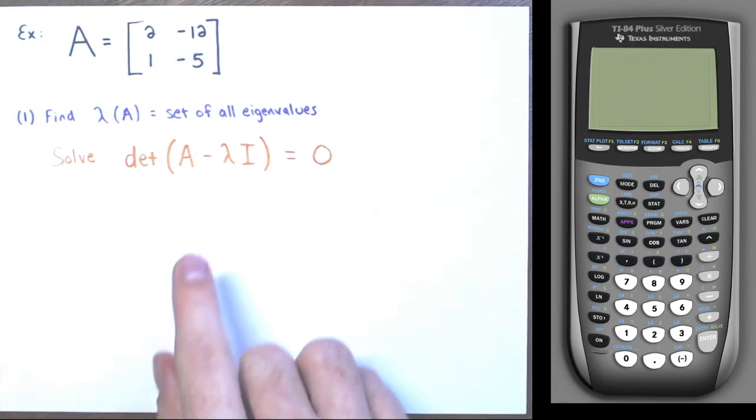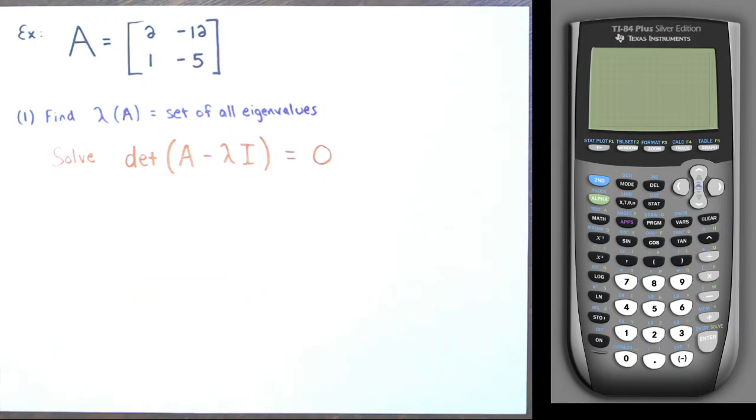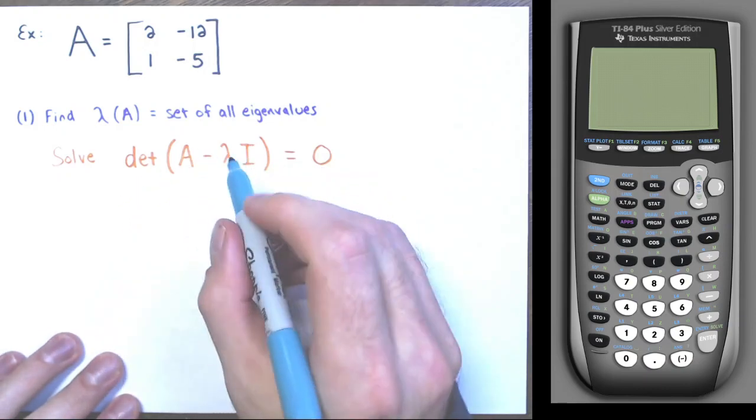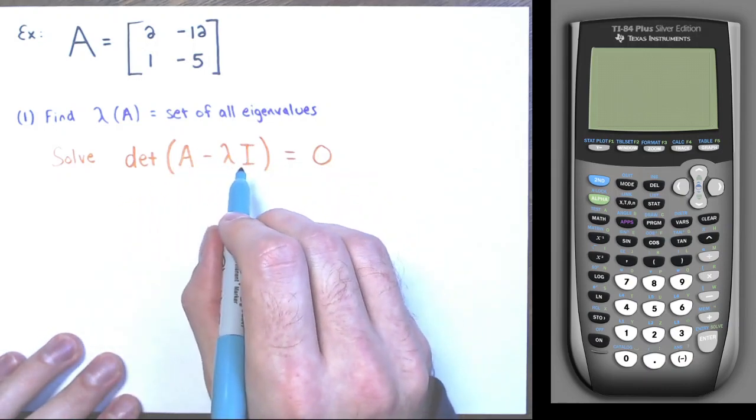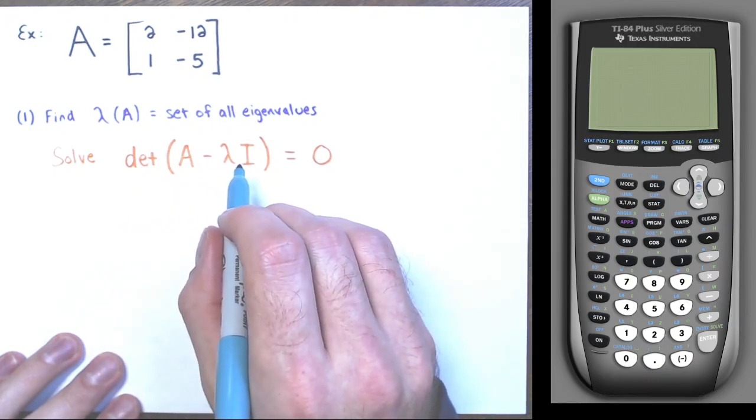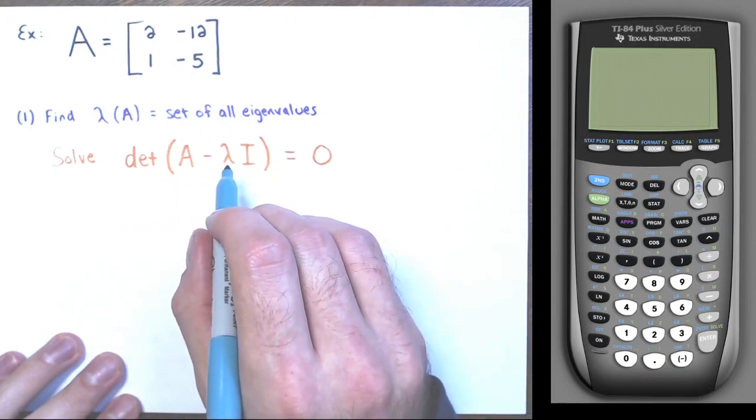I'll start with the left side here. We're finding a determinant. This left side is called the characteristic polynomial. You're going to end up with a polynomial over here that is dependent on lambda, a polynomial in lambda.